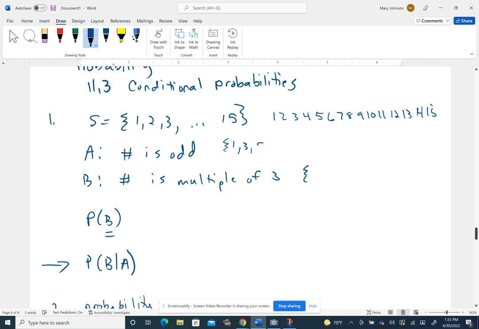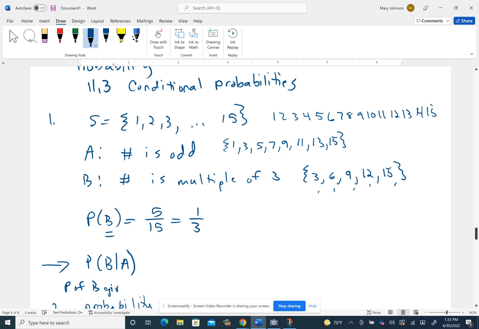So that would be 1, 3, 5, 7, 9, 11, 13, and 15, right? Those numbers. Okay, B is that the number is a multiple of 3. So that would be 3, 6, 9, 12, or 15. Okay, so the probability of B happening would be 1, 2, 3, 4, 5 out of the 15 numbers, which reduces to 1/3.